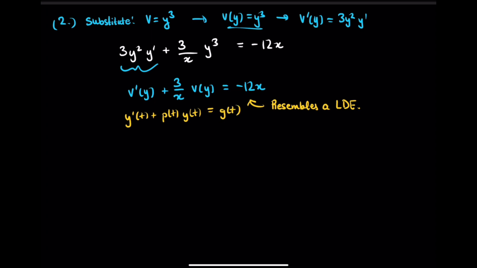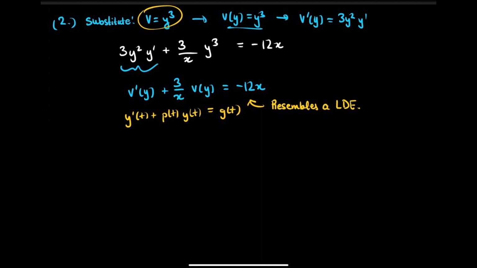And while the v might not be y, you can still say that v is technically some different way of expressing y, because we have y cubed, so we substituted it in. So this resembles a linear differential equation, so we can solve it as a linear differential equation.